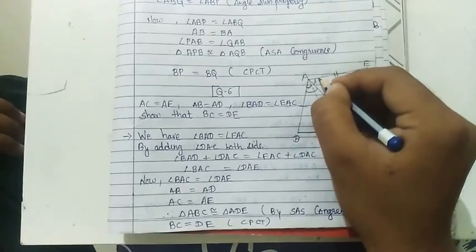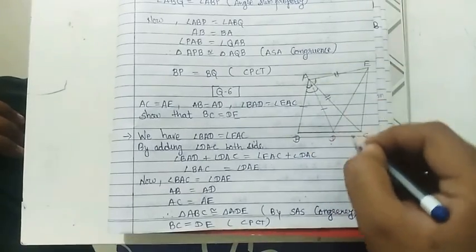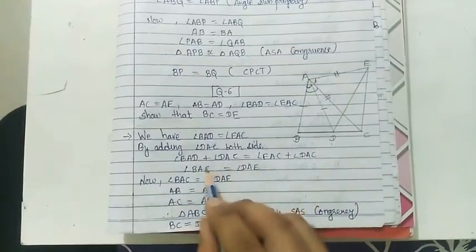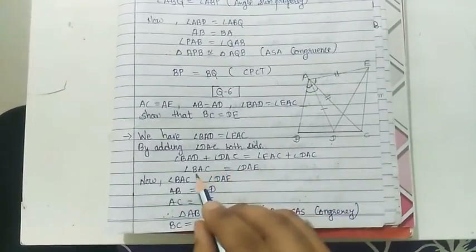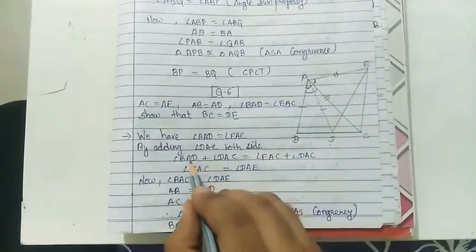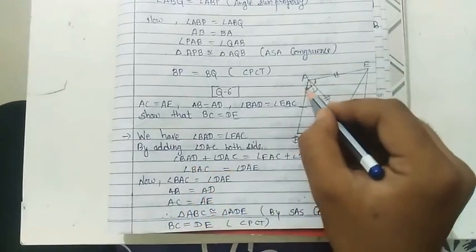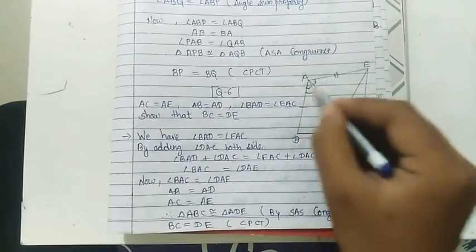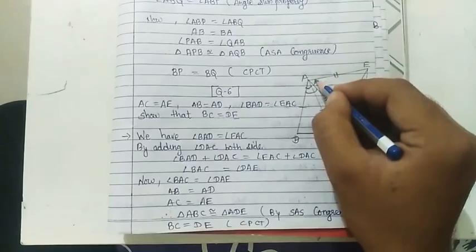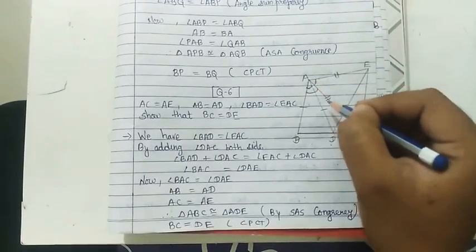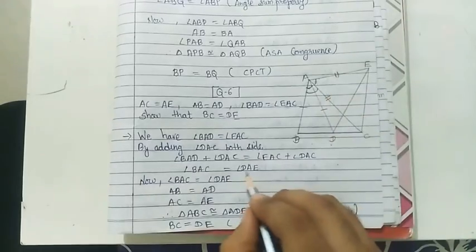If you want to consider the full angle, in this also we have to add DAC. So we are adding DAC on both sides. If we add DAC on both sides, we get the full angle BAC. So BAD plus DAC, this plus this, is equal to this full angle BAC, and here EAC plus CAD. So we got here angle DAE.